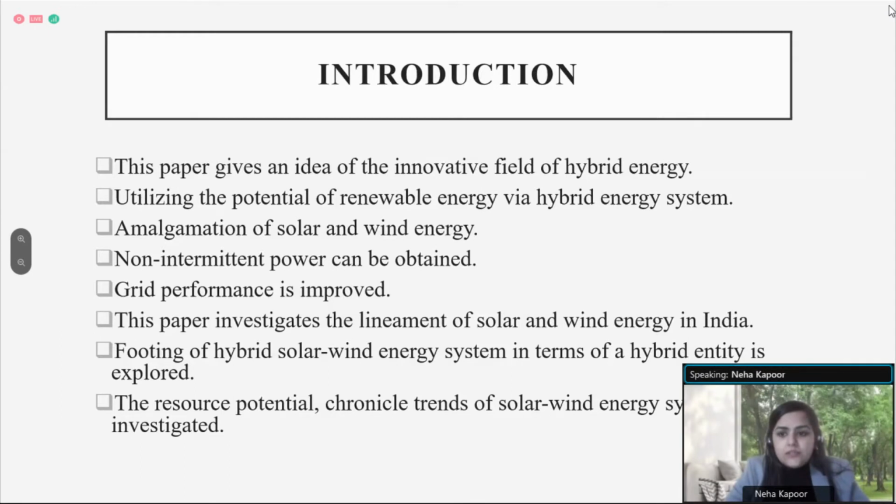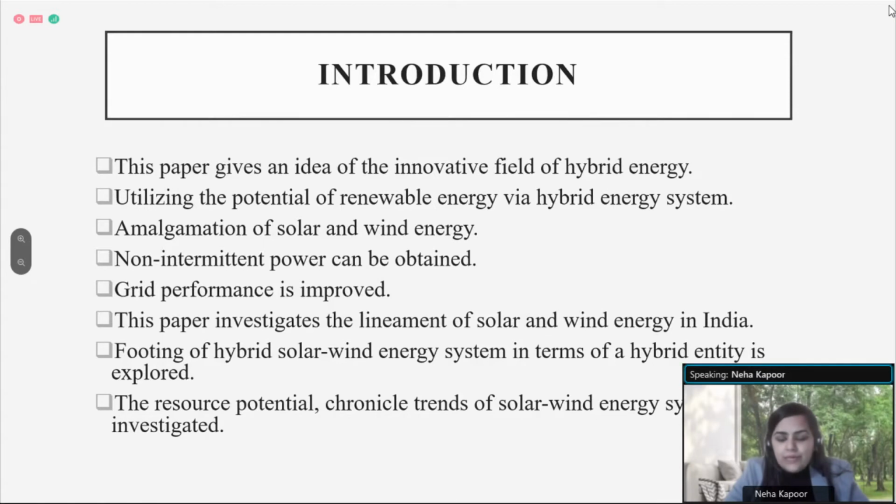The main concern is that we cannot just rely upon renewable energy, as it is not very reliable. There are many causes where there is a drop, and people don't prefer using it where they need some reliable source.